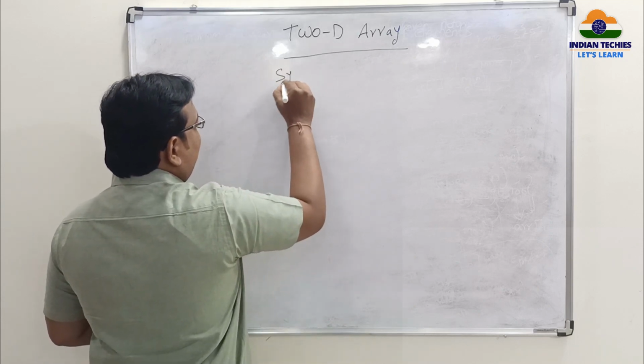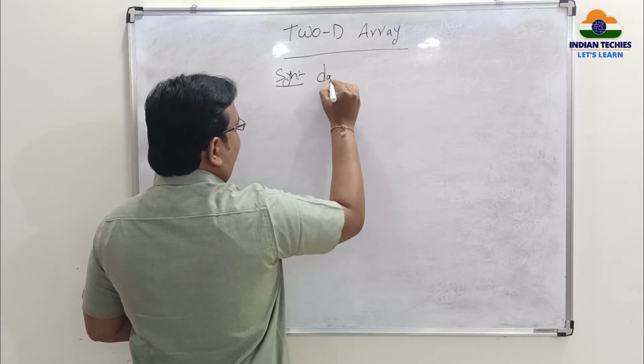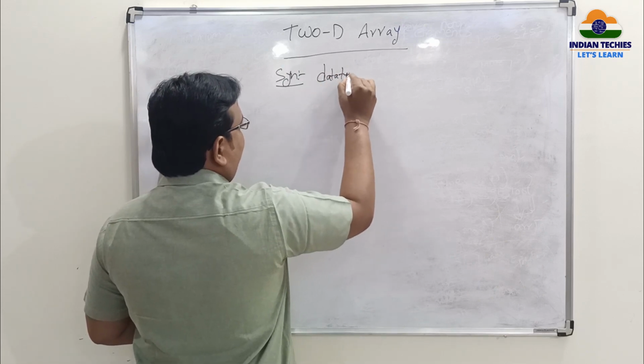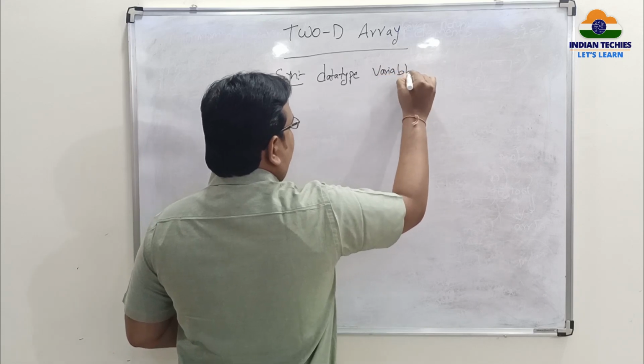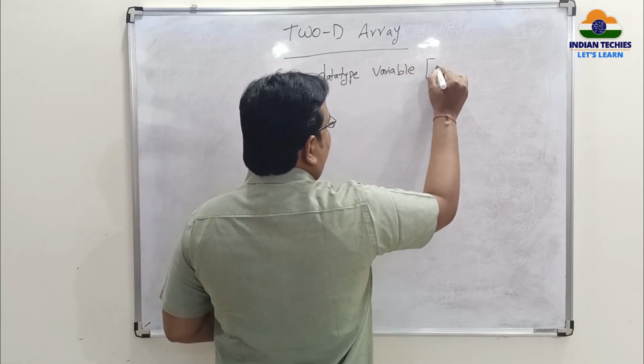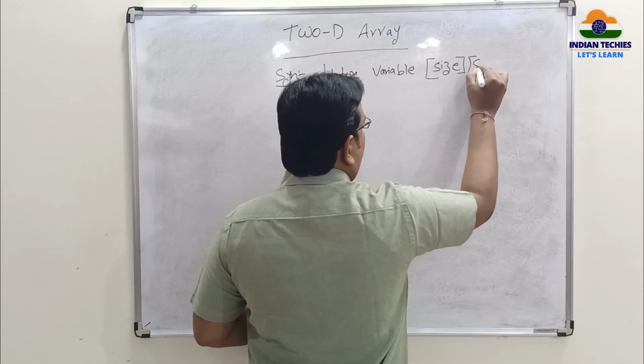Now, how will you declare it? The syntax of a two-dimensional array is: first the data type, next the name of the variable, then two sets of brackets which mention the two sizes.